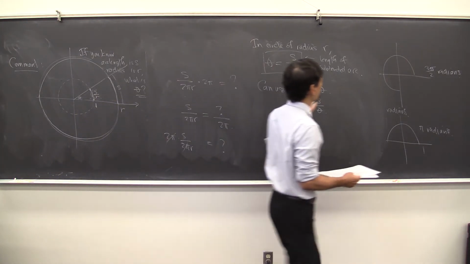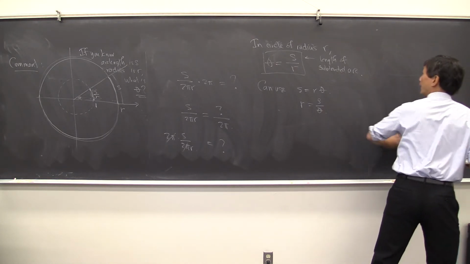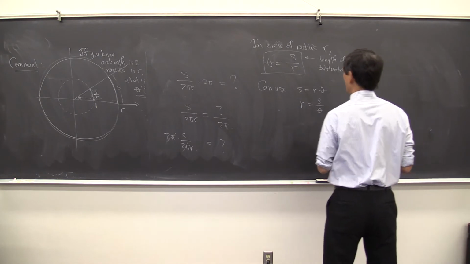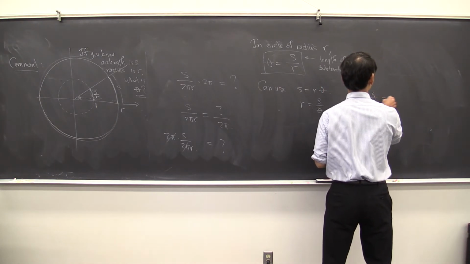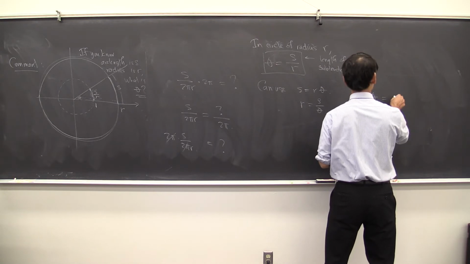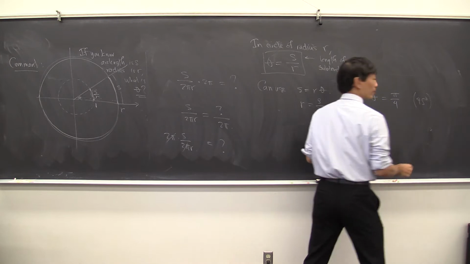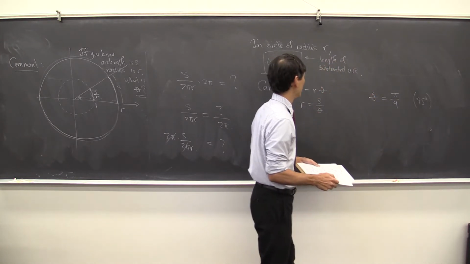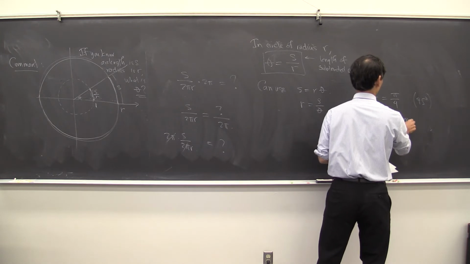Yeah, sure. For example, if you knew the angle was pi over 4, that's 45 degrees, and the radius is say 10 centimeters.